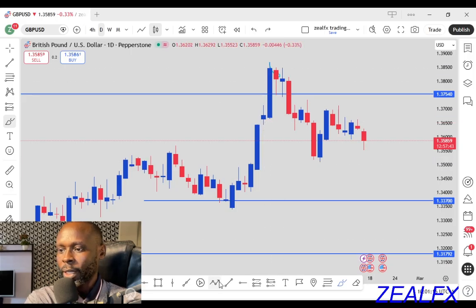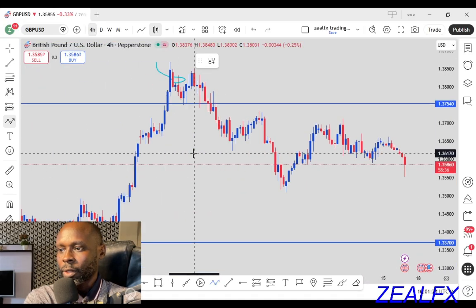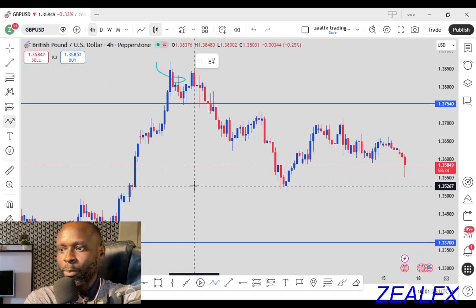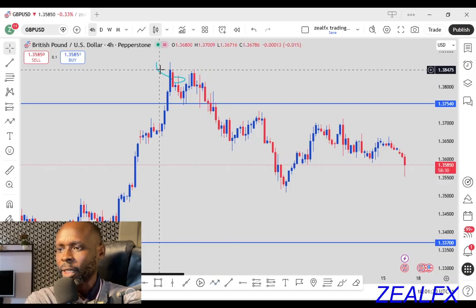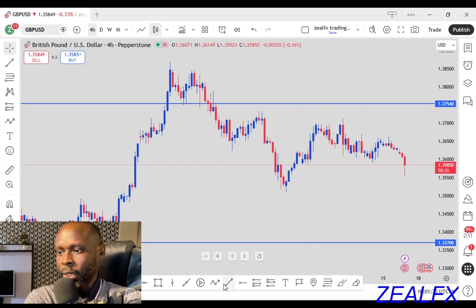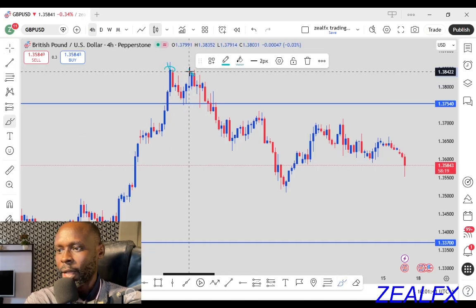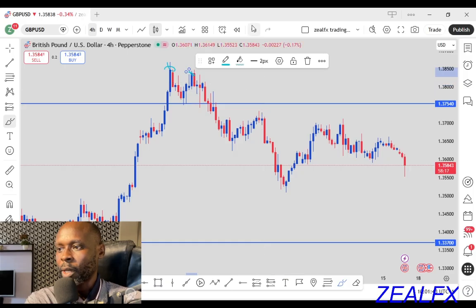So now let's go to the 4-hour chart to break down our entry levels on the pounds USD. On the 4-hour chart, you can clearly see we also have price creating this higher high and a lower high. So this creates a double top for the pounds USD.